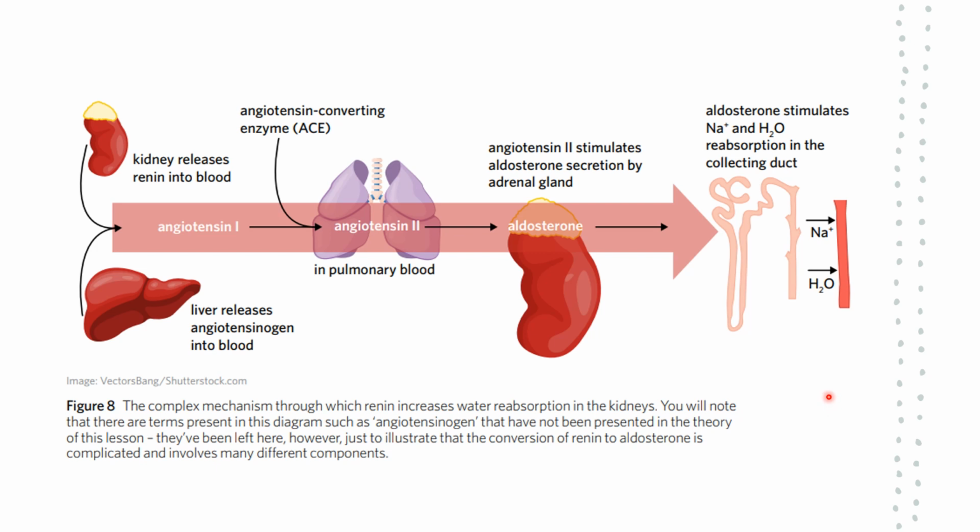It goes into a little bit more detail than you need to know, but essentially over here, this yellow cap on top of the kidney, that is your adrenal gland, and that's going to produce aldosterone, which is a hormone over here, which acts on the nephron, increasing the amount of water back into the bloodstream and therefore increasing the amount of water or decreasing osmolality, so decreasing the concentration of solute.